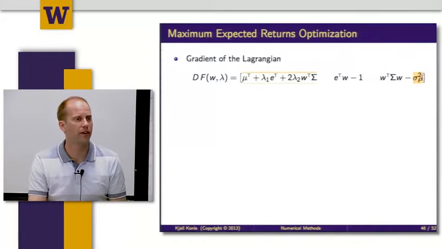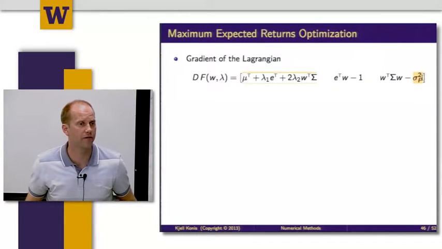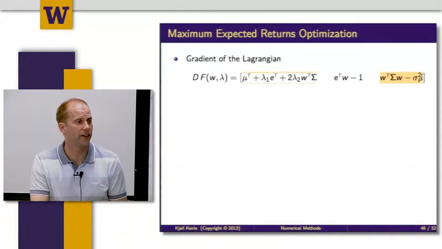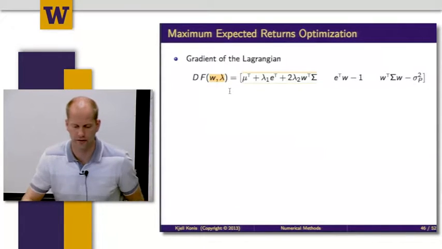And then sigma squared p is the risk of my portfolio that I'm stating, so that's also a scalar value. So this final part of the gradient is a scalar value. So my gradient is 1 by n plus 2, which is exactly what I was shooting for because I have n plus 2 values as inputs for my function.